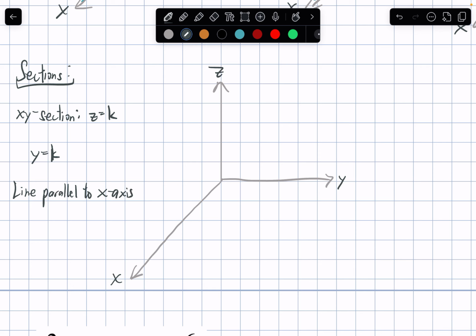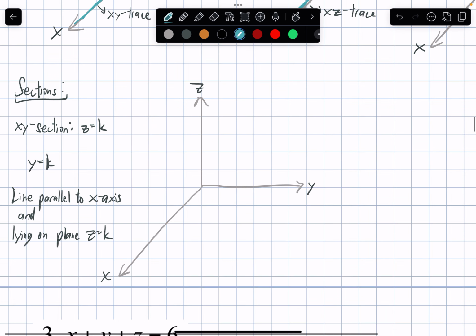So we write x axis. And it is lying on the plane this. So just copy, z equal to k. There you go. And then, how do you graph that? y is equal to k. So k is somewhere here.